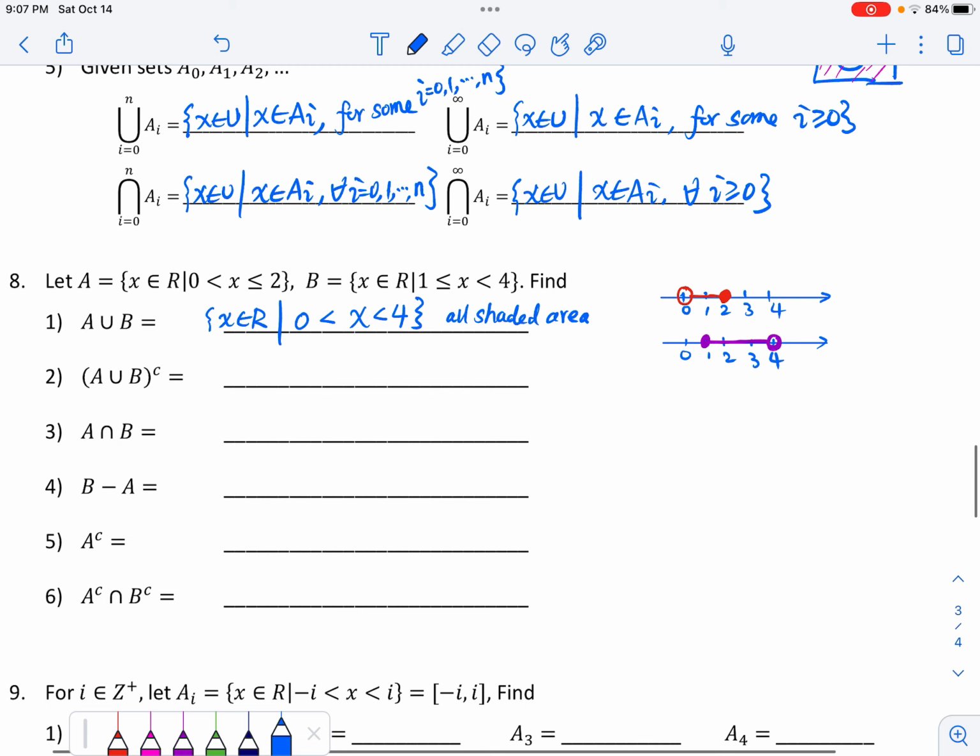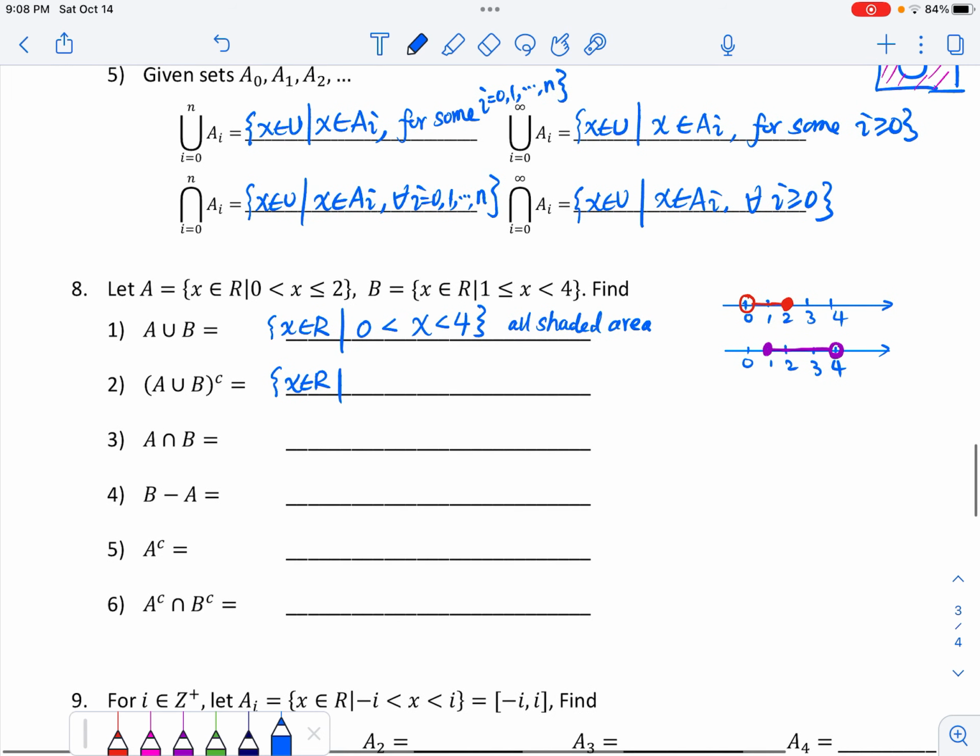And let's take a look at the complement of A union B. You already know that X is in between 0 and 4. The complement means as long as it's not that, outside of this area. So maybe I'll draw another one. We already see 0 to 4, and that's what we shaded.